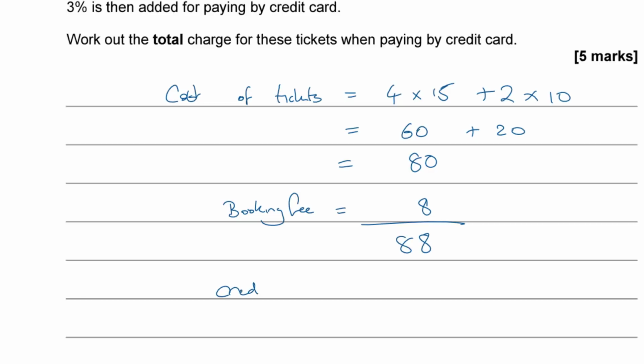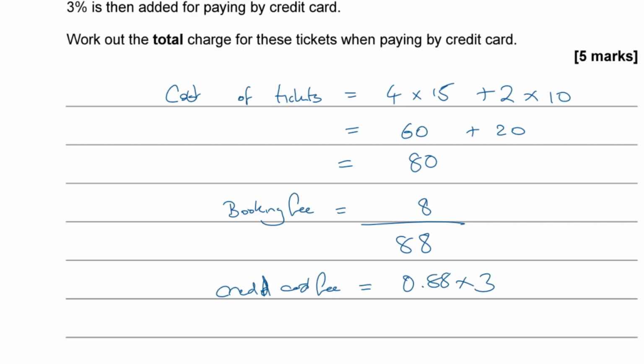So this is my credit card fee. If I have £88, then 10% is £8.80, and 1% would be 88p. So 3% is going to be 3 lots of 88 pence.